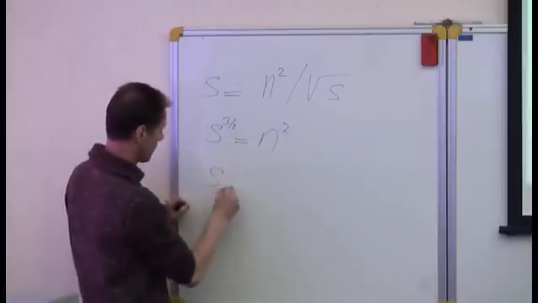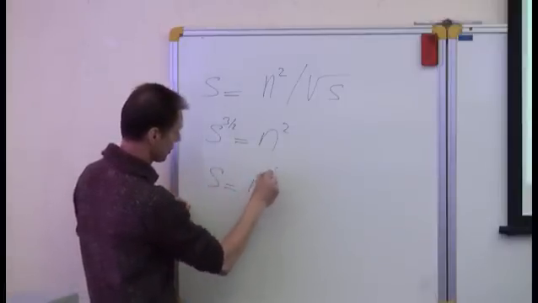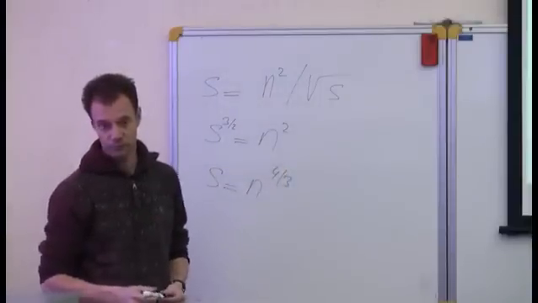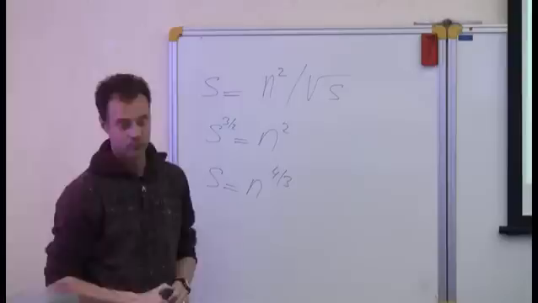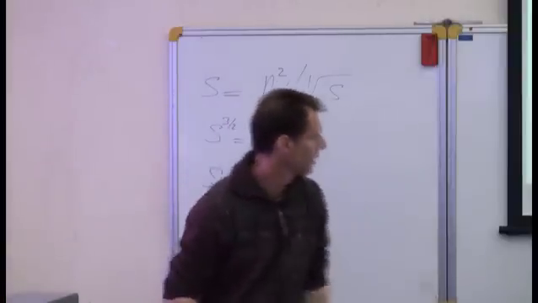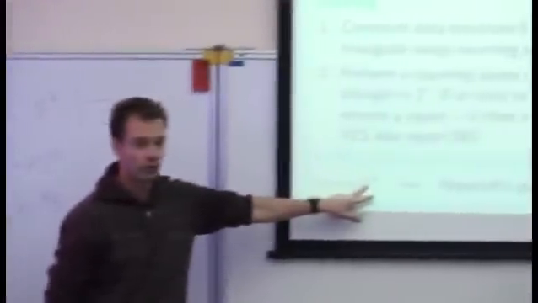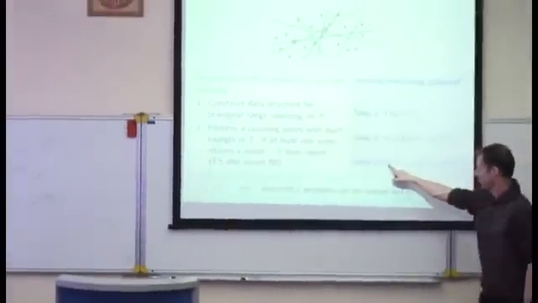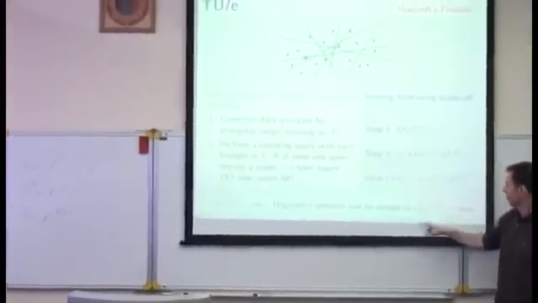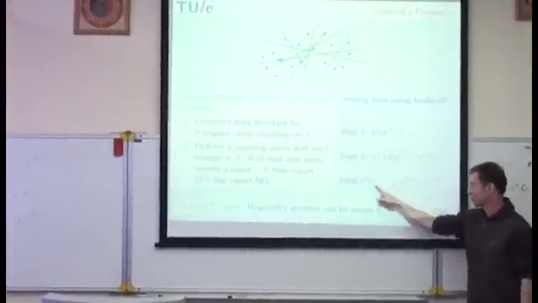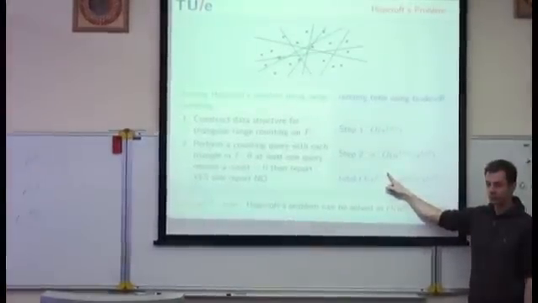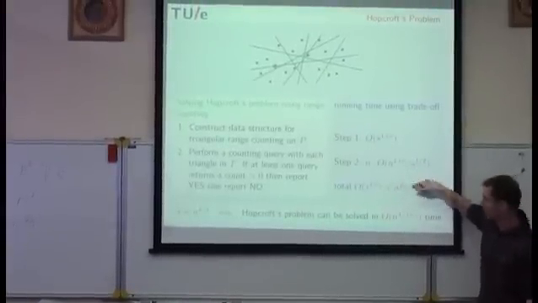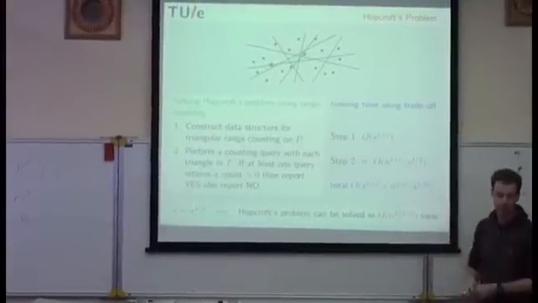So S equals n to the 4/3. So by picking S equals n to the 4/3, I get n to the 4/3 plus epsilon here. And of course this term I don't have to compute because I know it's going to be the same as this one.